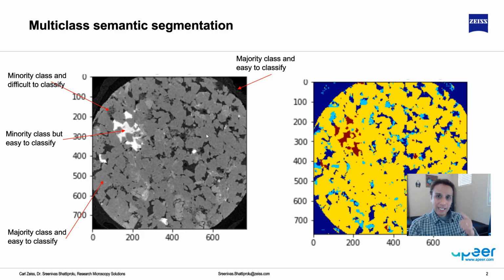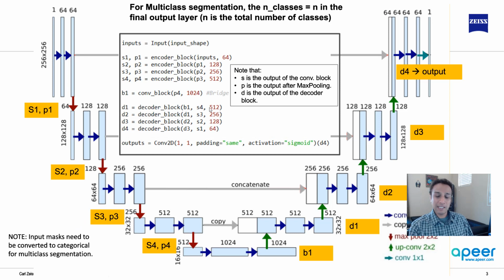If my 0th class corresponds to the yellow region in this example, then the probability at that 0th channel for yellow is high. For the next one, red, the probability is low at that pixel, and for the other colors the probability is also low. So we look at which one of these is the winner and assign that to the pixel. That's the implication for multi-class classification.